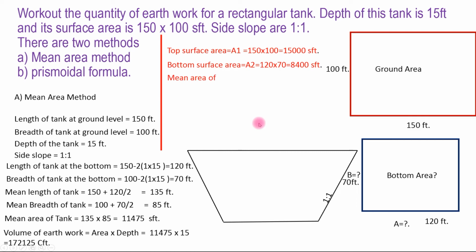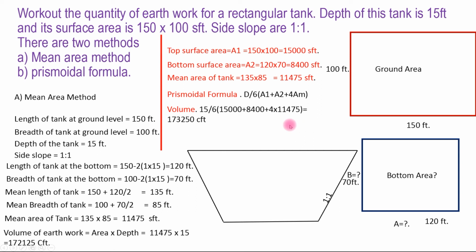Here is the mean area of the tank, which we have already calculated. In the prism model formula, D is the depth of the underground tank, 6 is a formula value, A1 is the top surface value, A2 is the bottom surface value, and 4 is multiplied by the mean area.